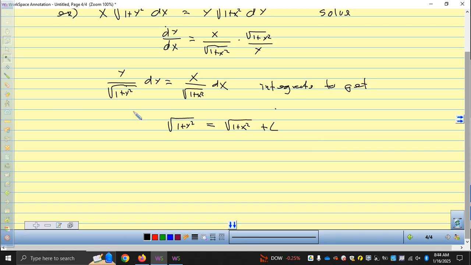And we can say y equals the square root of 1 plus x squared plus c squared, minus 1. That would be our explicit solution. So there's our explicit solution to that differential equation.